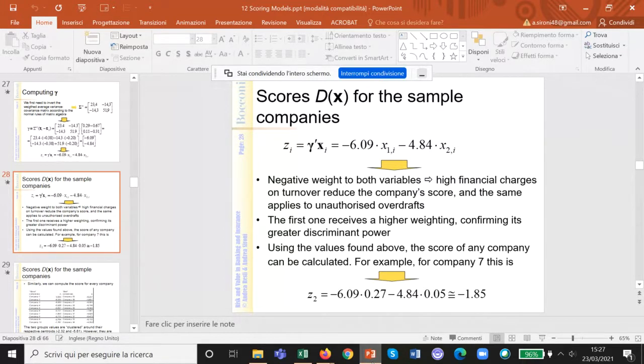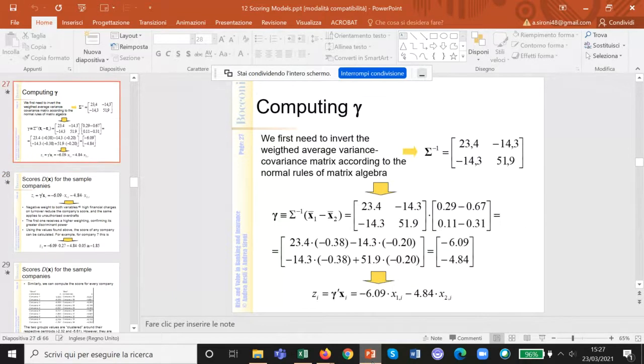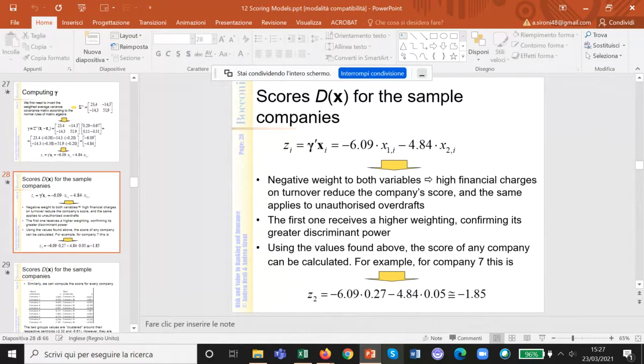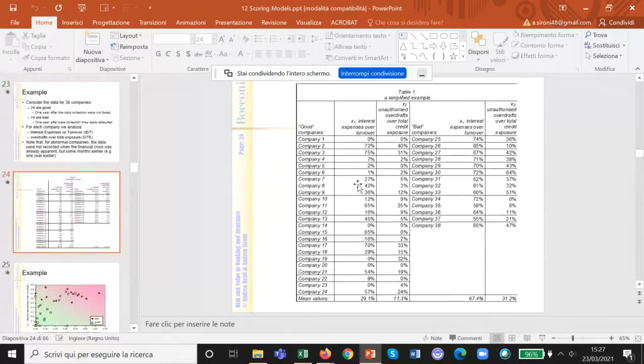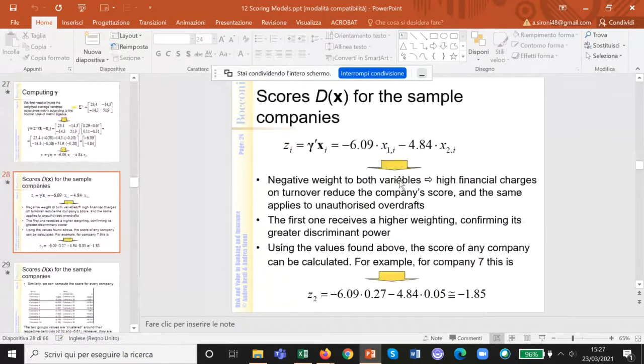Now, let's say that we compute the score for one company which is in the sample in this case. Sorry, there was a mistake originally in the slides. This is company 7, not company 2 as it appears here. It's company 7. Now, if we get to company 7, we can see that company 7 has a first variable which is 27% and the second 5%.